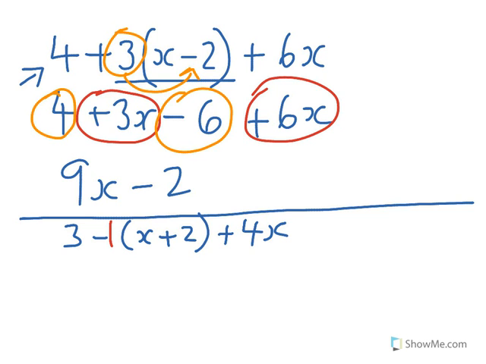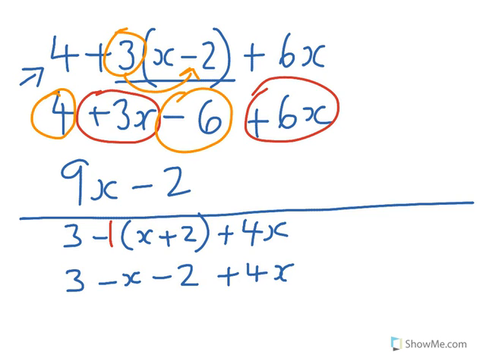So we're going to multiply that bracket by a minus 1. So again, I'm going to write this 3 down, I'm not doing anything with that yet. Minus 1 times x is minus x, and minus 1 times plus 2 is minus 2, and then we've got this plus 4x on the end.